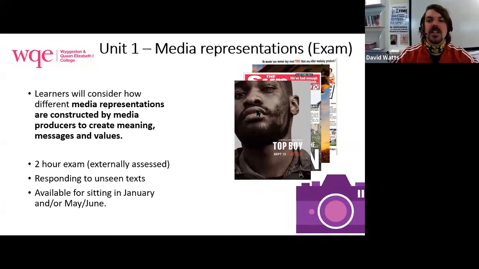We look at representations of ethnicity and different races as well. I don't know if any of you guys are familiar with the TV show on Netflix called Top Boy, but Top Boy takes place in these very poor areas of London. So not only are we looking at gender or race and ethnicity, we also look at how a place can be represented.